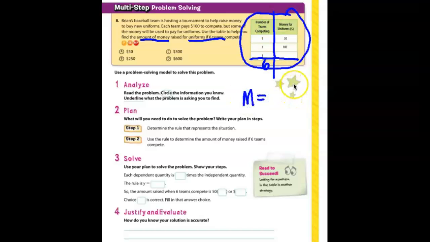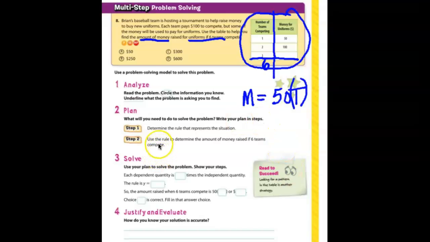The money depends on the number of teams, and I'm going to put T here as that variable. But in order to figure out how much money each team, the rule was multiplying by 50. So this is my equation. The money is going to be equal to $50 times the number of teams, okay? And I'll go ahead and put that in parentheses to make it a little bit more obvious.